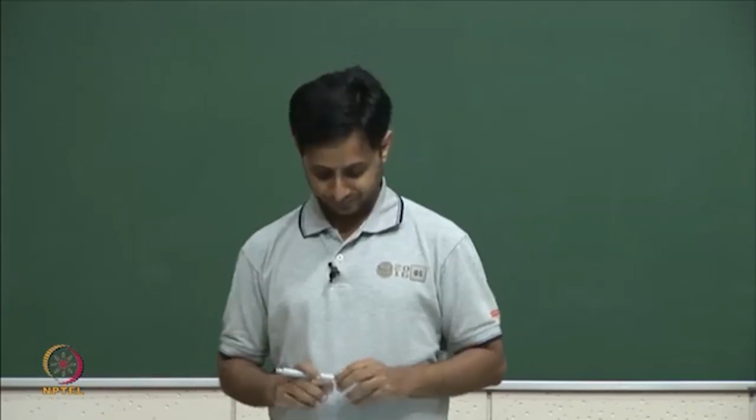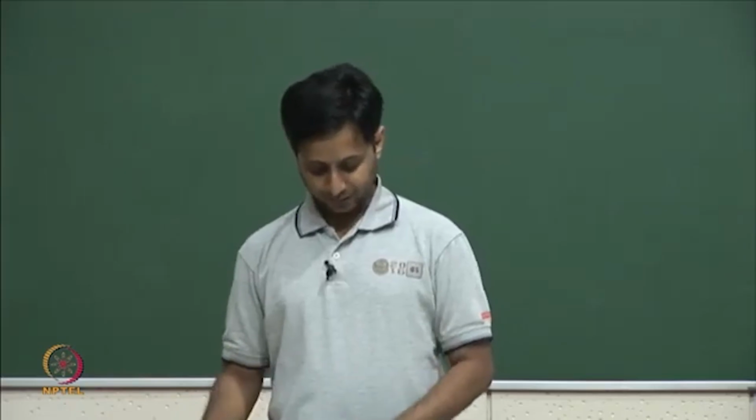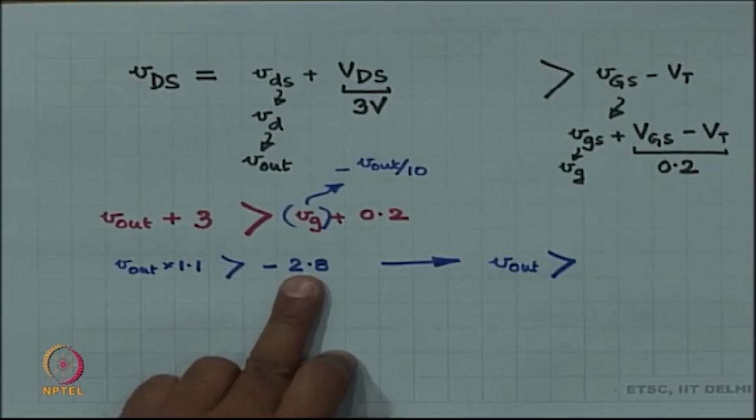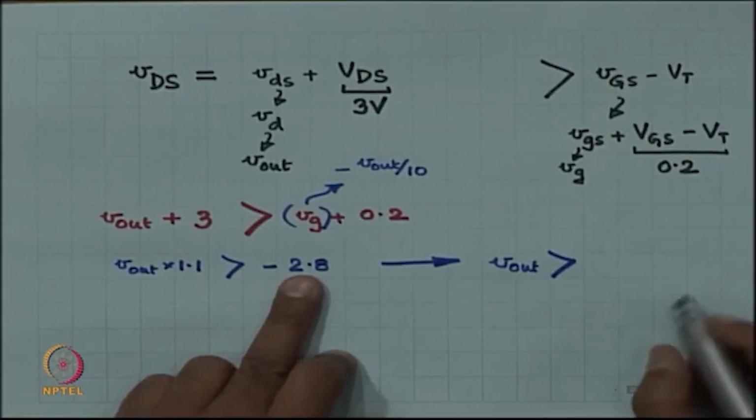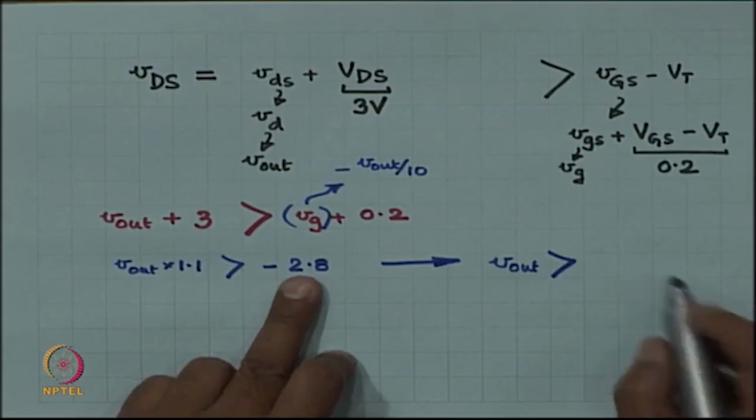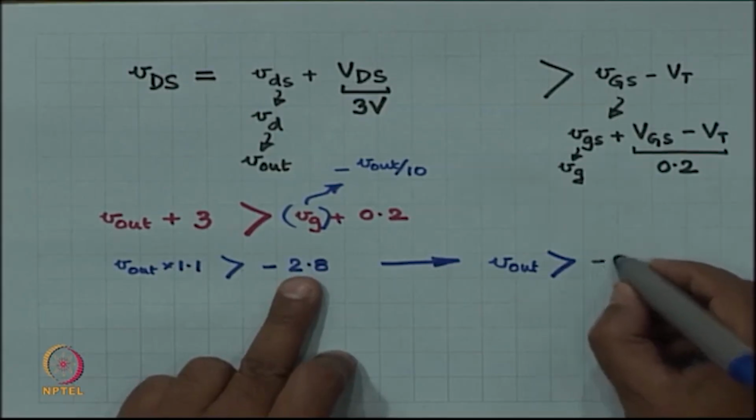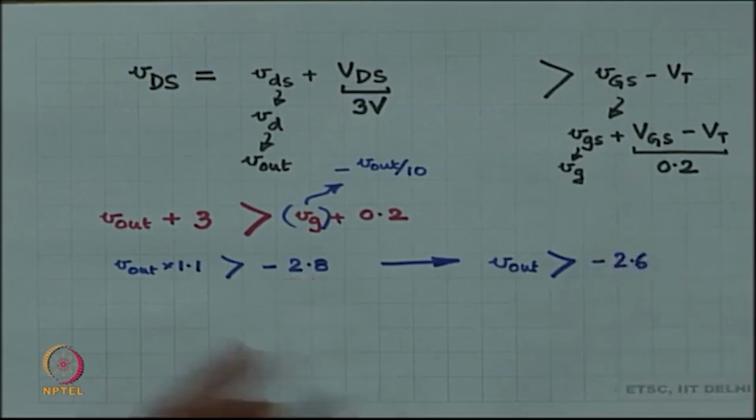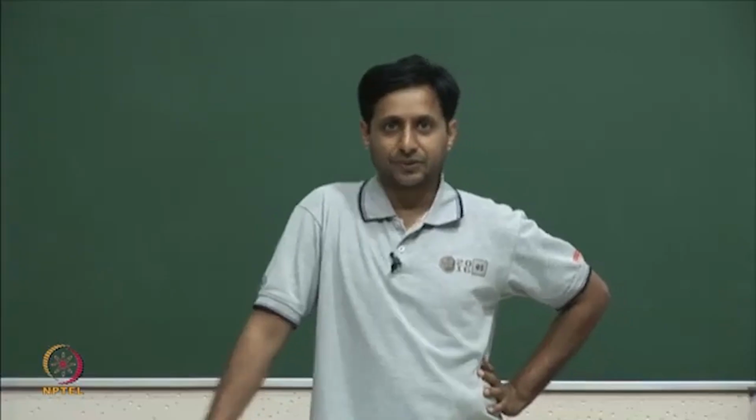So, minus 2.8 by 1.1 would be approximately minus 2.6 or so, something like that. Okay. Any questions so far?